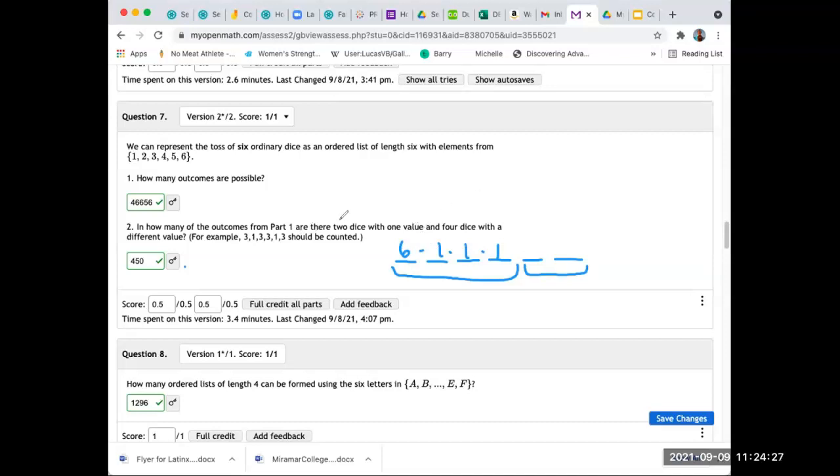And then with the 2 dice, because you don't want these to be the same value as the original one, then you have 5 choices for what that could be. And again, the second of the 2 dice, you don't have a choice because it has to be the same value. All right. So that would make it 6 times 5 is 30.